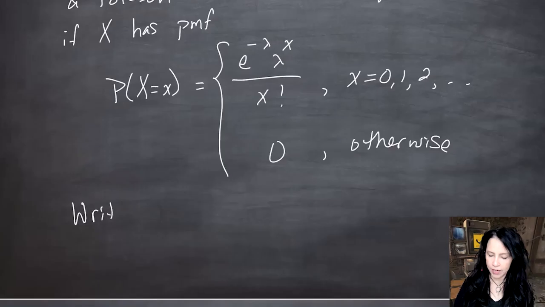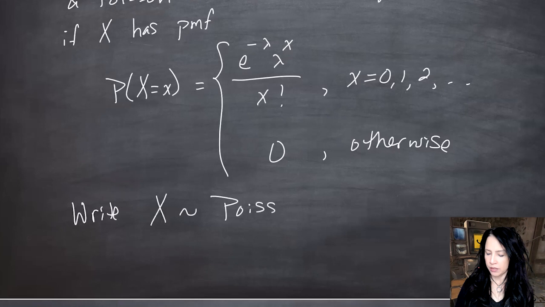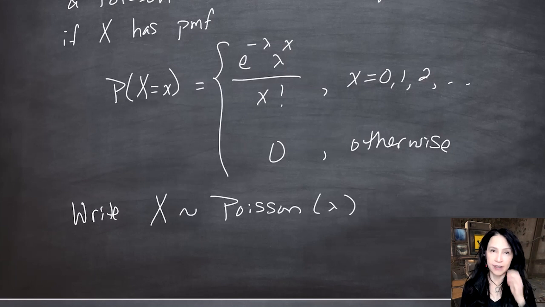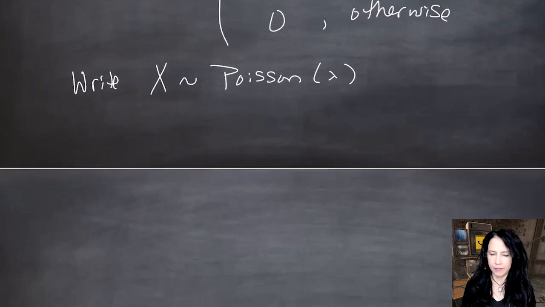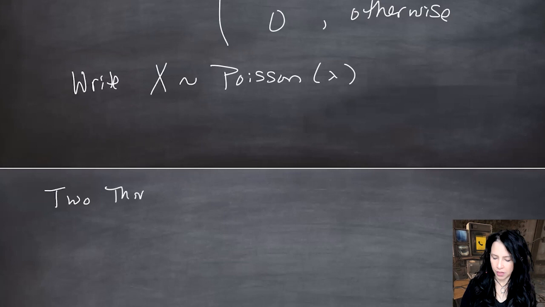This is what we'll write. We'll write X has the distribution Poisson lambda. And we're going to start seeing a lot of e's, exponentials and Poissons. So 2 things to know about e to the x that will be helpful.